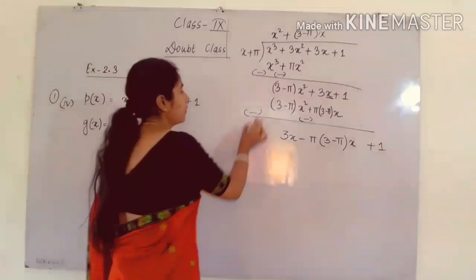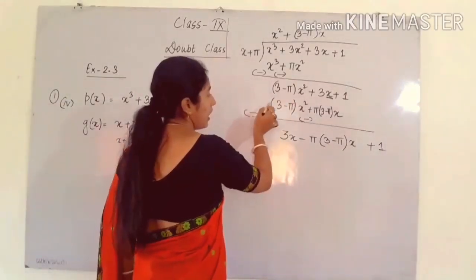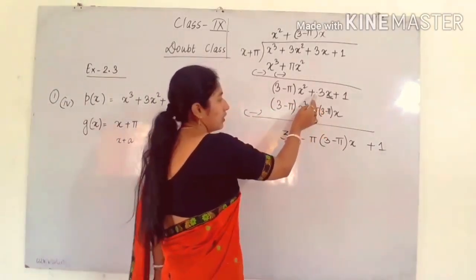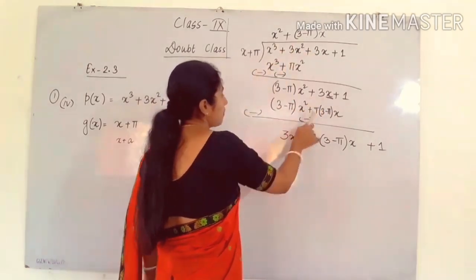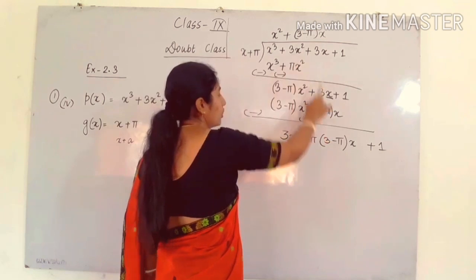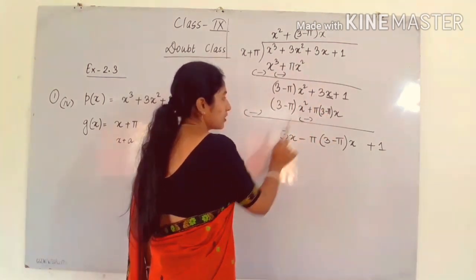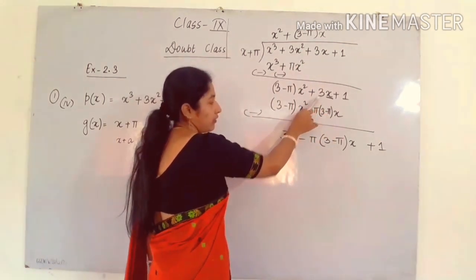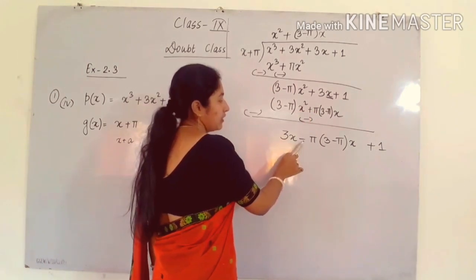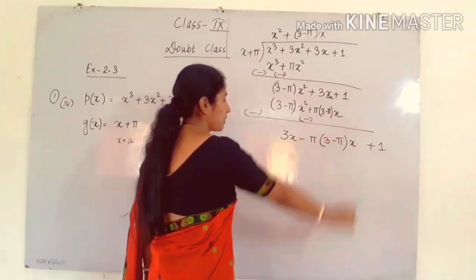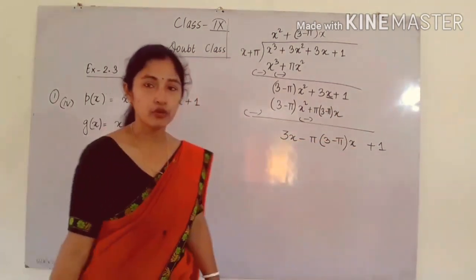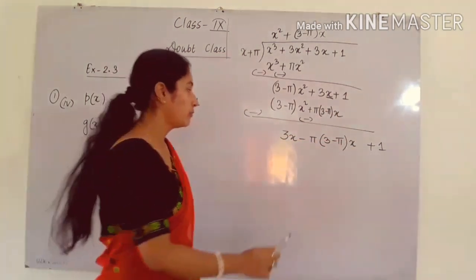So next thing, I have written this, so it will get cancelled. And the second term, when we multiply this into this, we will get pi into (3 minus pi) into 1x. So after subtraction, I will get 3x minus pi into (3 minus pi) into x. Then this is plus 1. Now again you have to take common from the first two terms.